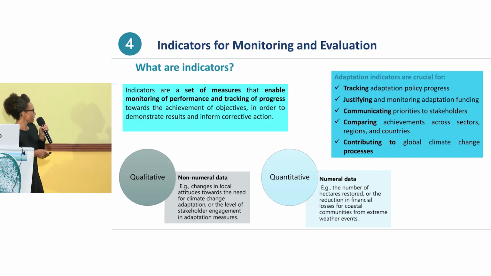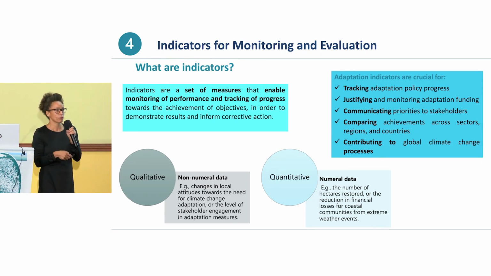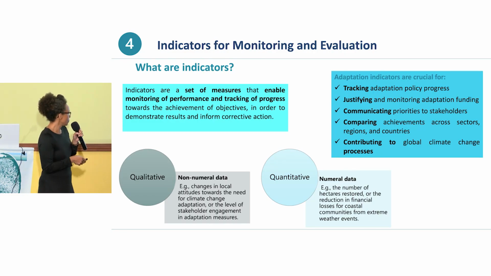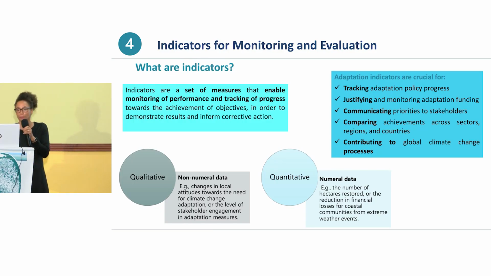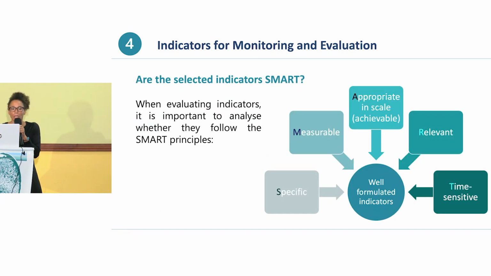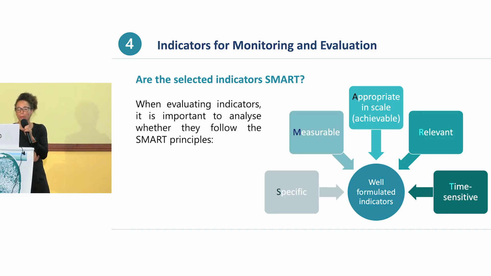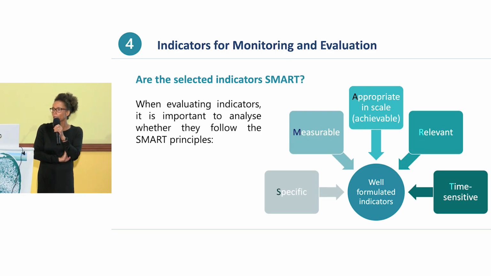We're using qualitative data, which are non-numeric data. This can be observations, audio files, or pictures, and we're using quantitative data, which are usually numbers and statistical data. Important for the development of the indicators is that they follow the SMART concept, which means that they are specific enough to be, for instance, comparable and measurable.